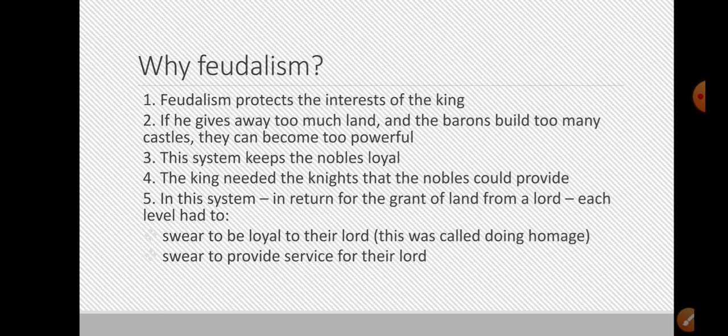Now, in this system, in return for the grant of land from a lord, each level had to, one, swear to be loyal to their lord, and this is called doing homage, and two, swear to provide service for their lord.